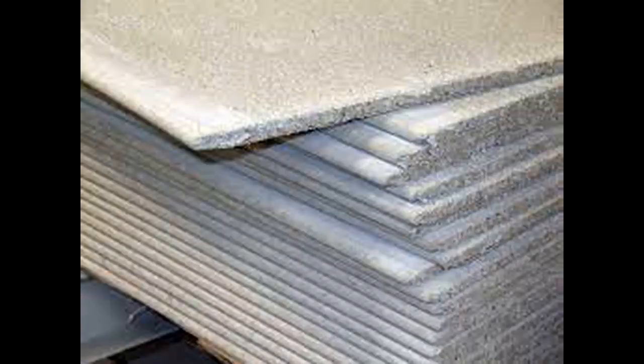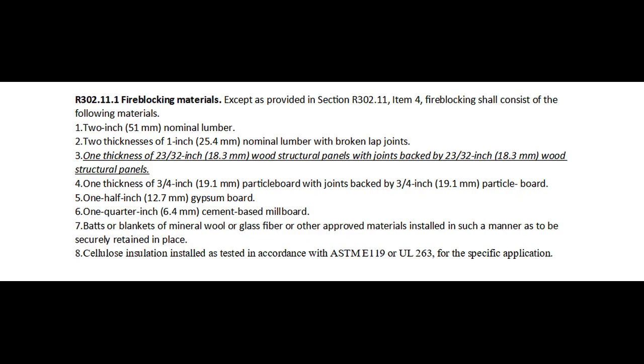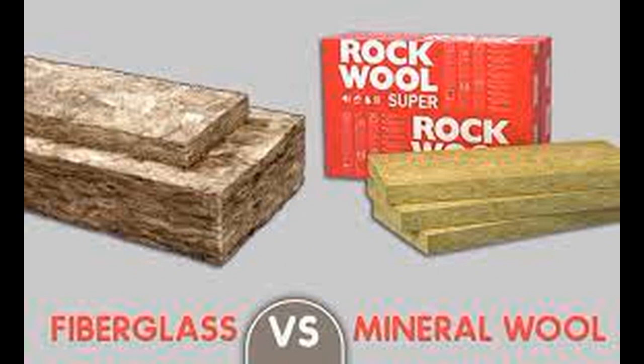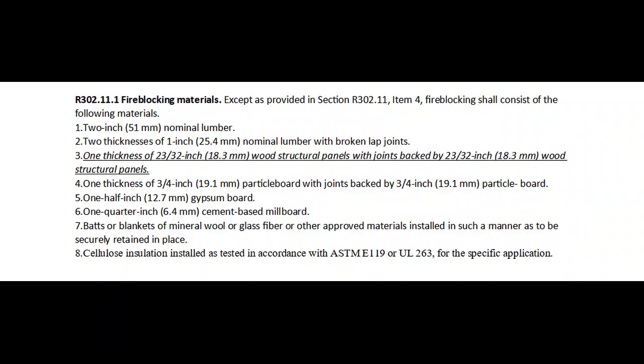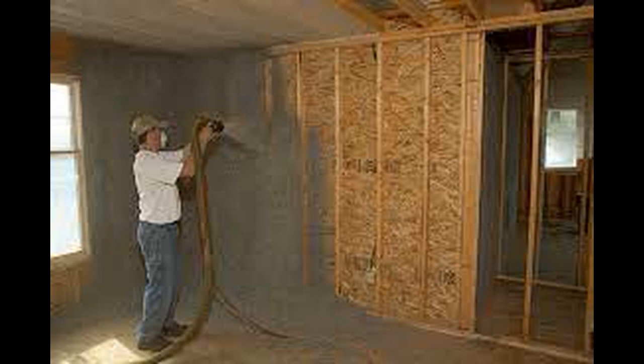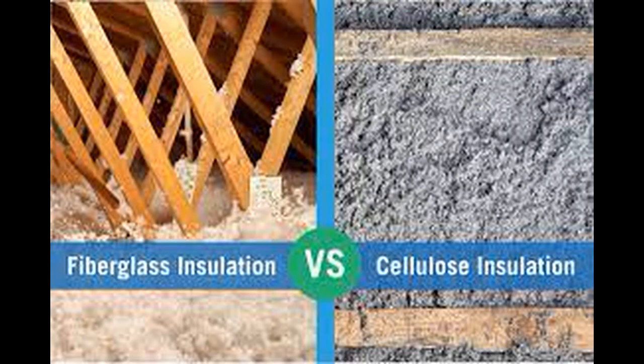Batts or blankets of mineral wool or glass fiber, or other approved materials installed in such a manner as to be securely retained in place. 8. Cellulose insulation, installed as tested in accordance with ASTM E119 or UL 263 for the specific application.